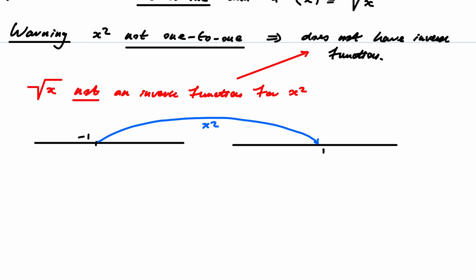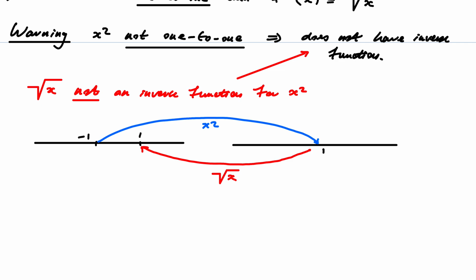But then if I was to do the square root, no good, right? It doesn't come back to the position you want. It comes back to 1, doesn't it? Because by assumption, you're always taking the positive option of the two square roots.